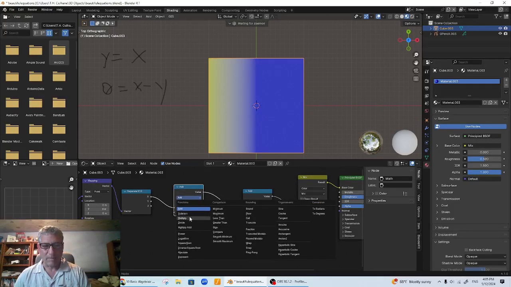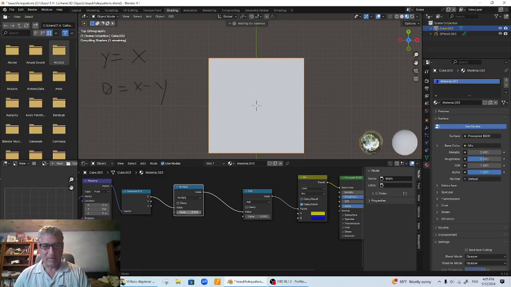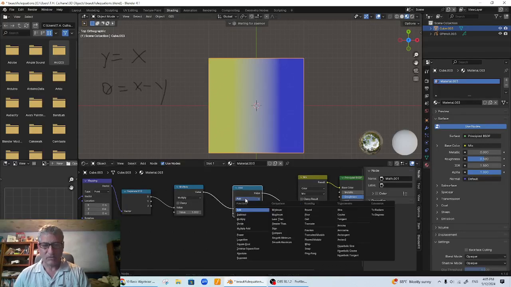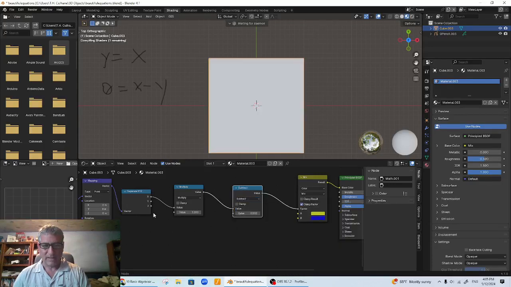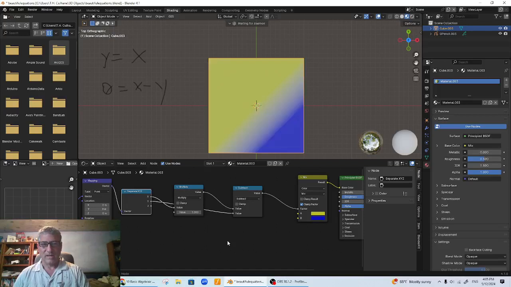We should probably do a multiply and multiply it by 1, so multiply it by itself, okay? And then say we have to subtract y from it. So here we go to a subtract, and we take what we want to subtract and put it under here. And lo and behold, we get that.